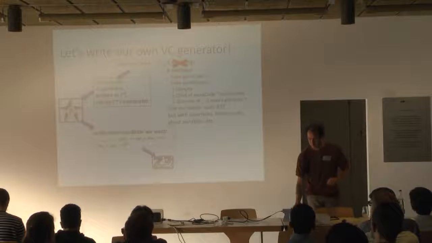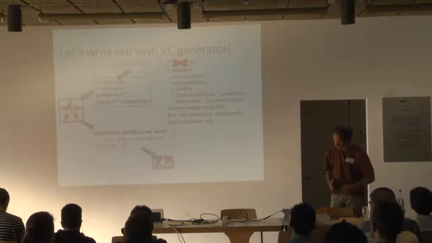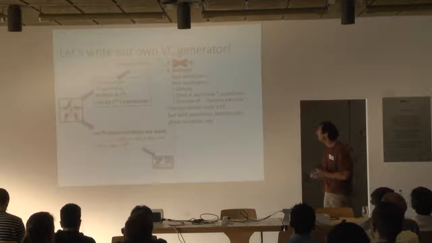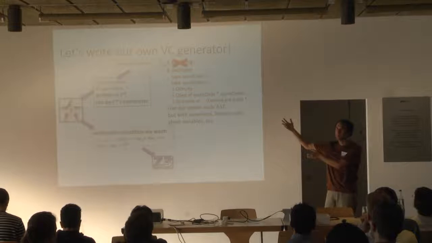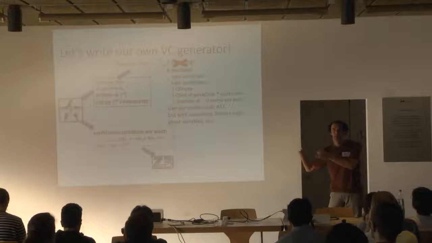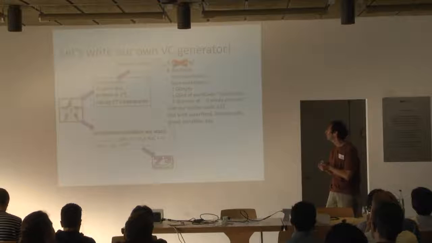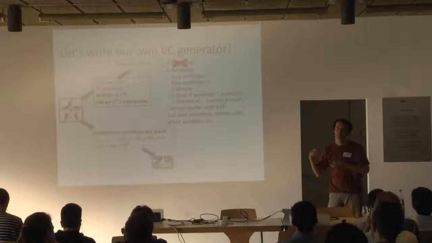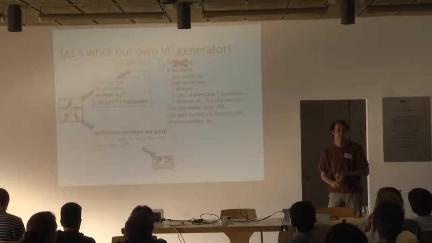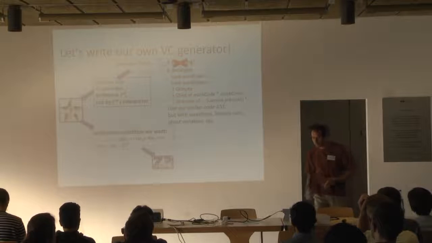Let's let some other tool do the parsing, and this tool will just give us a data type. And this data type is sort of like the data type for assembly language instructions I showed on an earlier slide. But it contains a richer variety of statements, things for making assertions and calling lemmas and manipulating ghost variables and so on. So I won't go into too much detail on that.